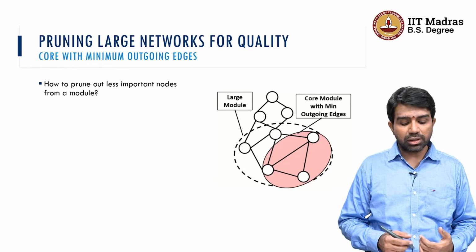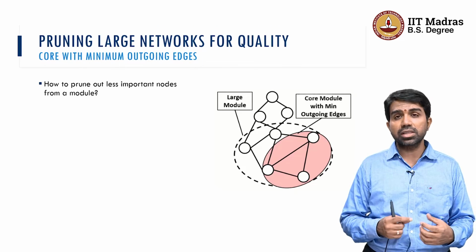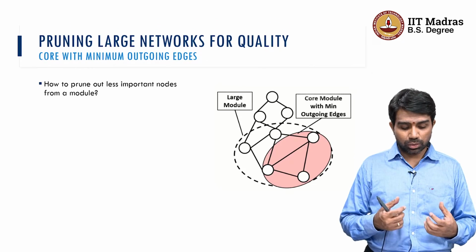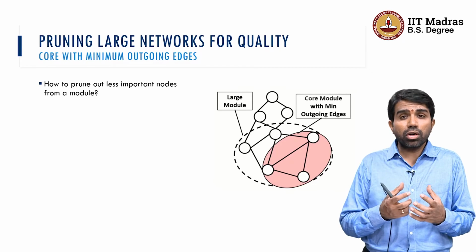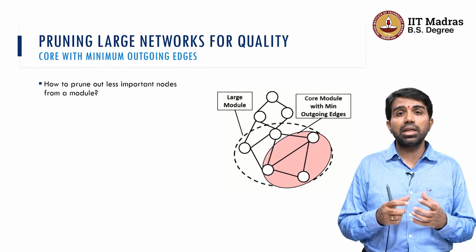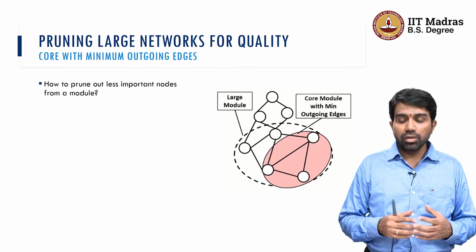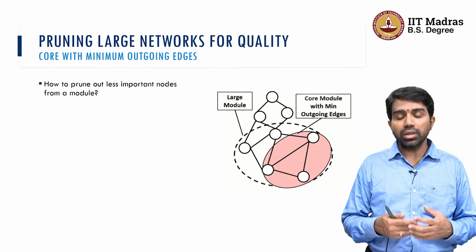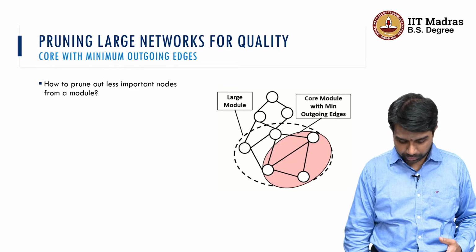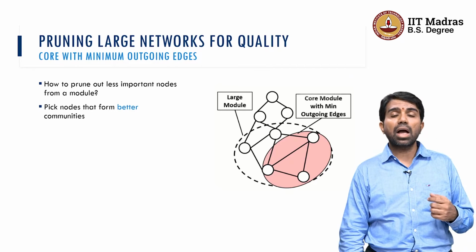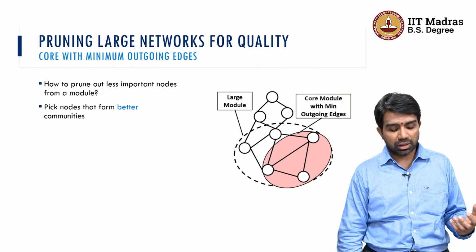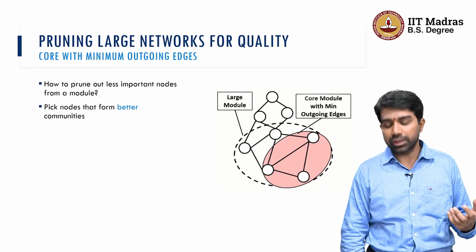The next approach is trying to prune large networks to improve the quality. So you try to find core communities which have minimum outgoing edges and so on. Essentially we want to prune out less important edges from a module, or basically pick nodes that form much better communities.